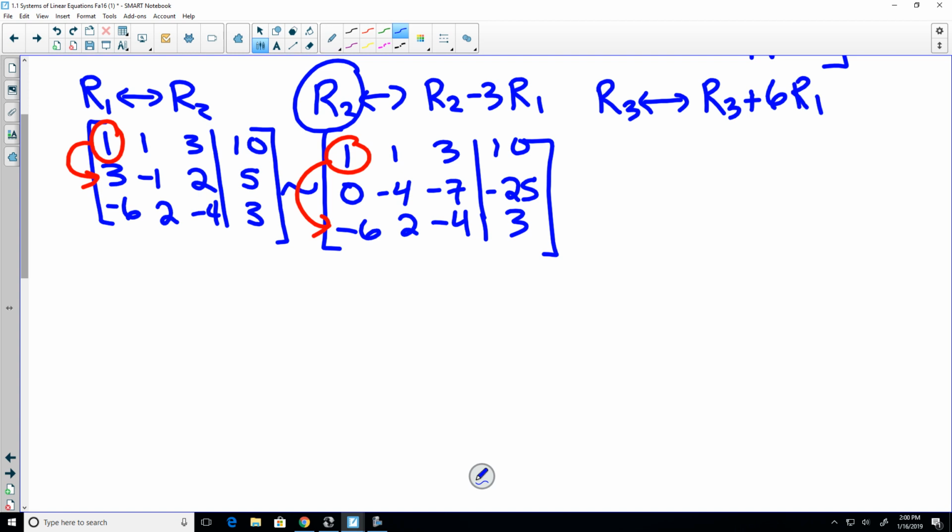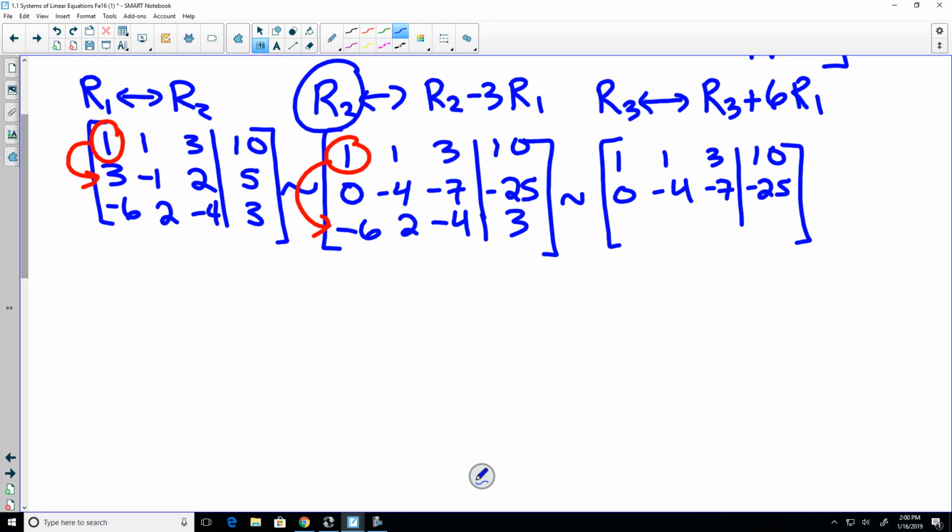You're correct, tilde, because they're not equal. They're row equivalent. So that's the symbol we're going to use for row equivalence. And I'm only changing R3, so that means everything else will stay like it is. I just like to start out that way. Just go ahead and write it down. Only row 3 is going to change.